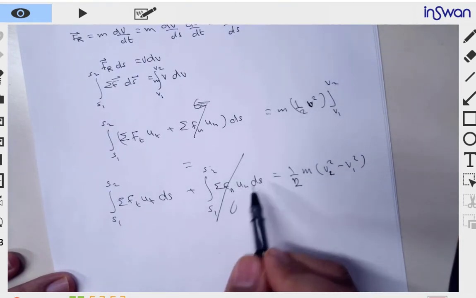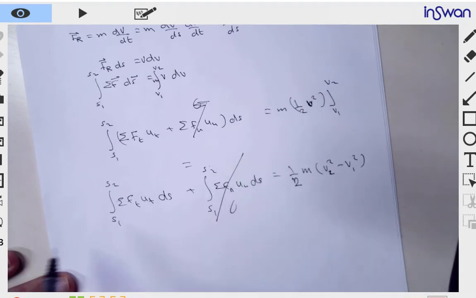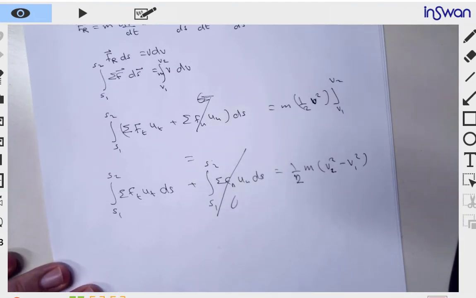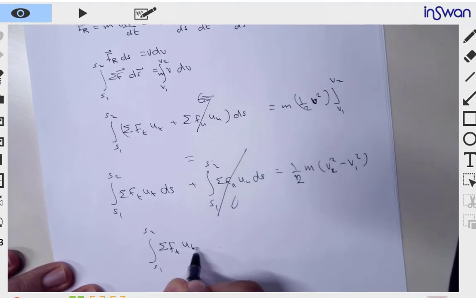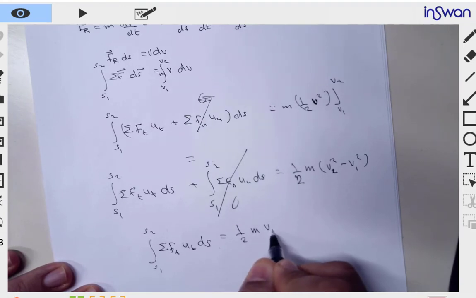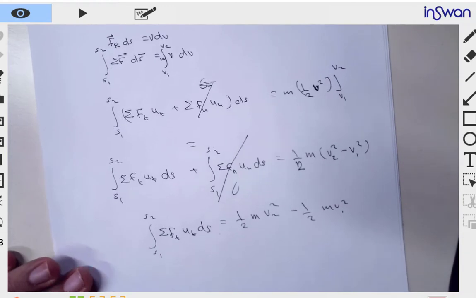This is 0 because this is normal force, normal to the path of motion. We didn't expect this to cause any motion. So the only one left is the tangential, right? So we can say, from S1 to S2, the summation of tangential forces, ut ds, equal to half m v2 square minus half m v1 square.